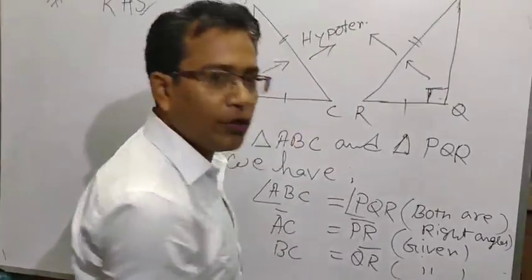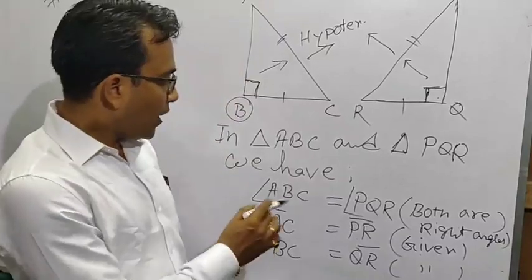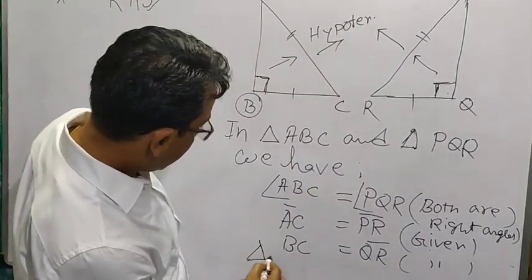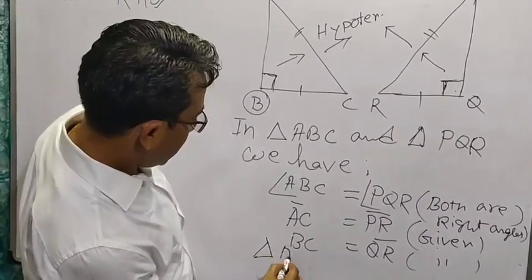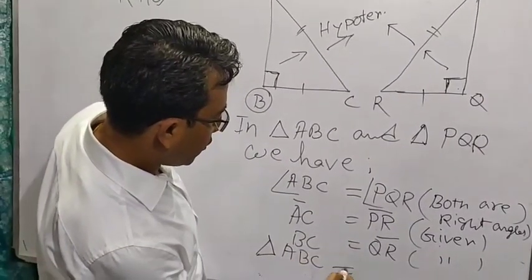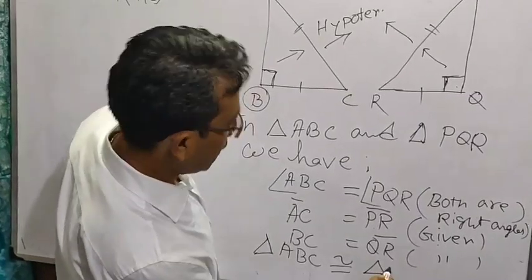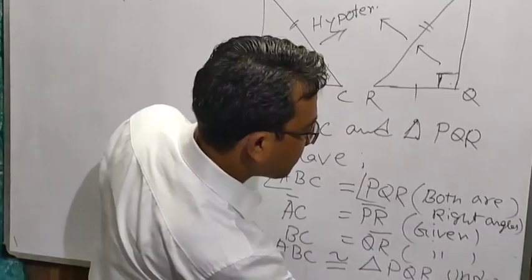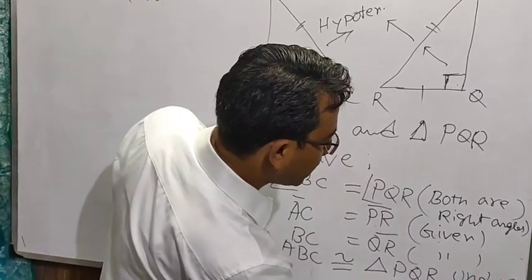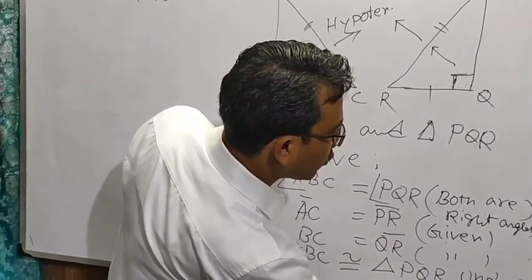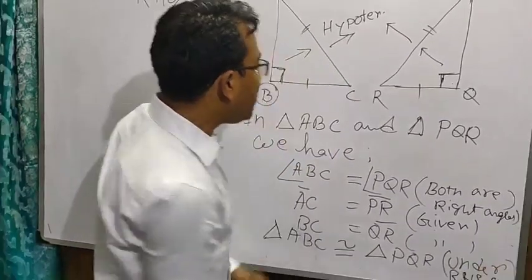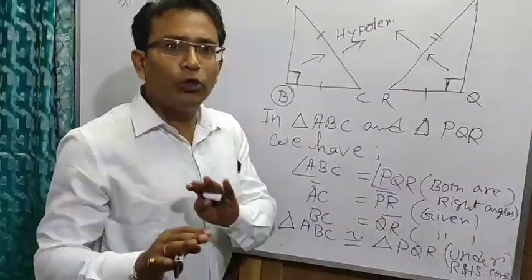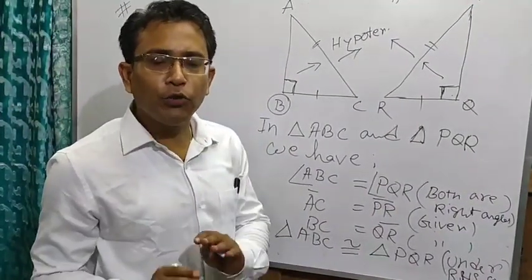That is also given. So in this criteria, we can say triangle ABC is congruent to triangle PQR under the RHS congruence rule. So these are the basic four congruency rules to prove two triangles are congruent to each other.